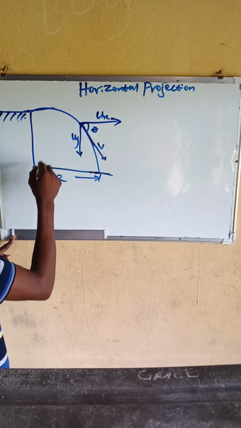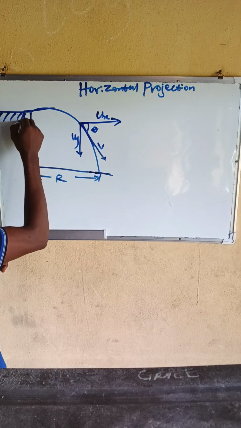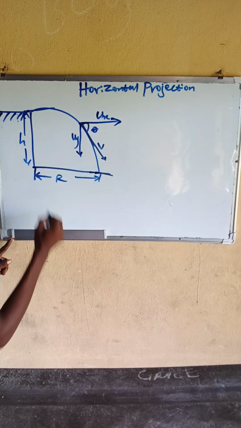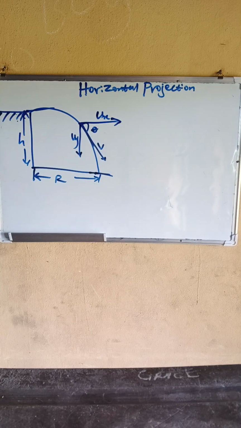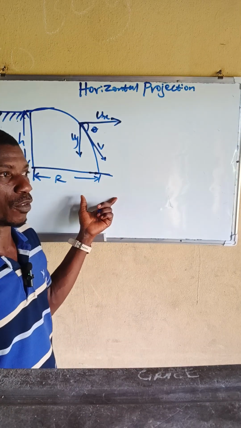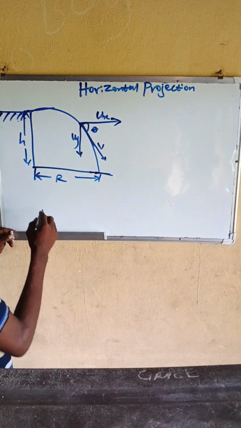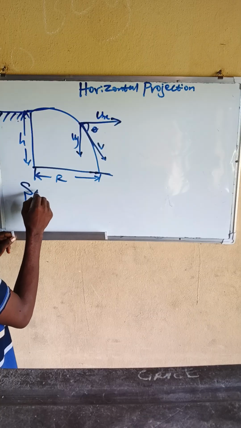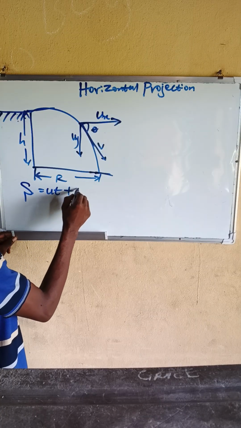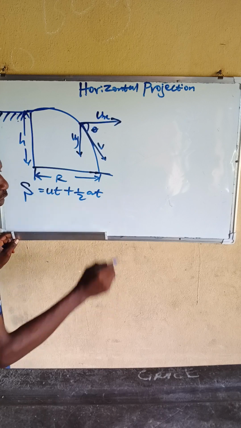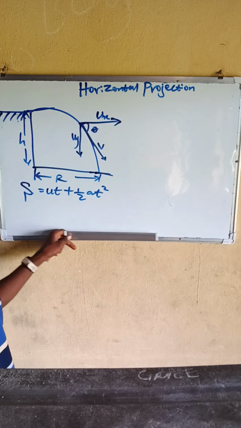Then how do we calculate the height and the horizontal distance? We're going to employ one of the equations of motion along a horizontal line. So you have this equation: x is equal to ut plus half at squared. This is one of the equations of motion.